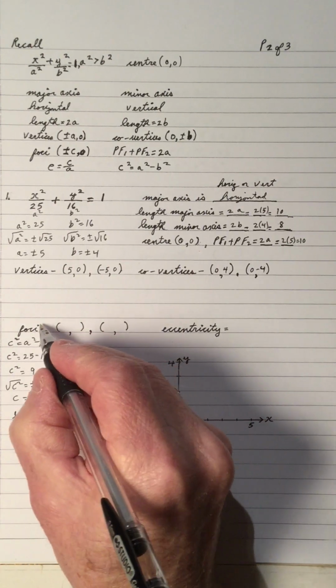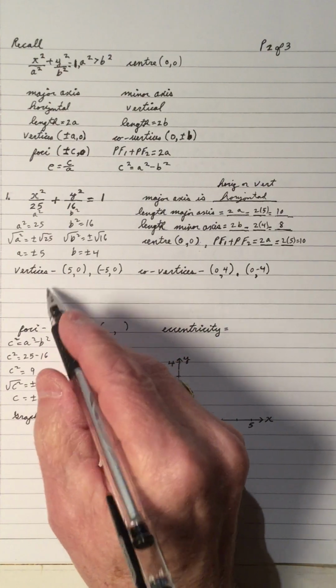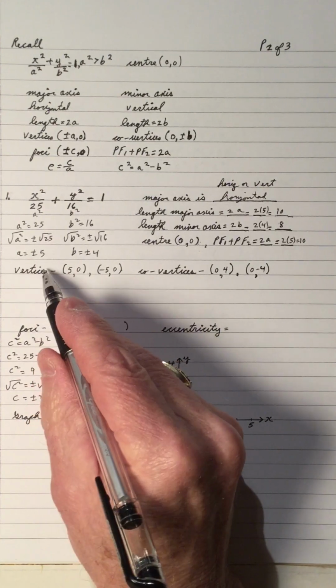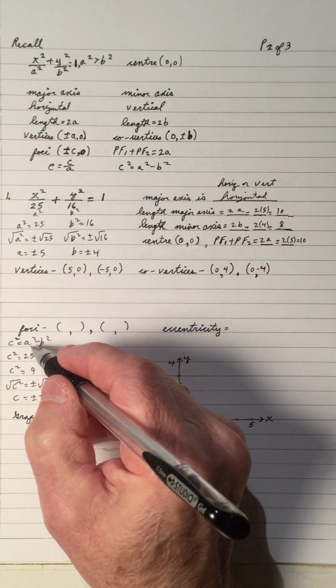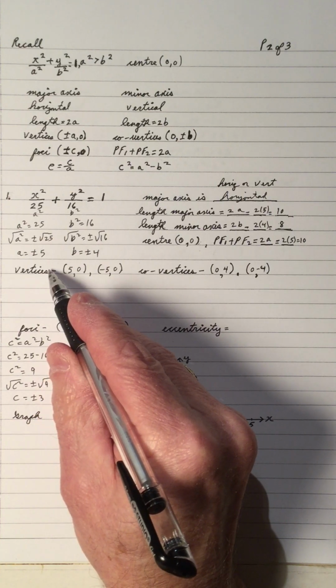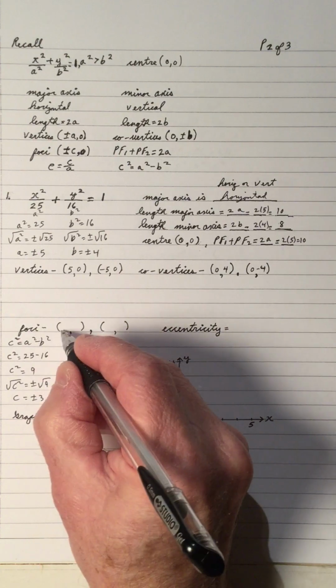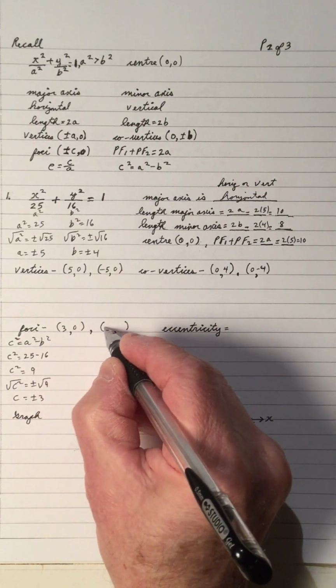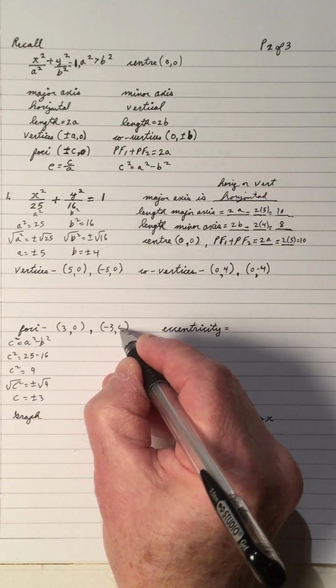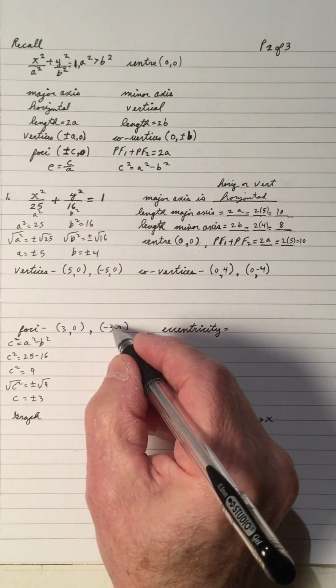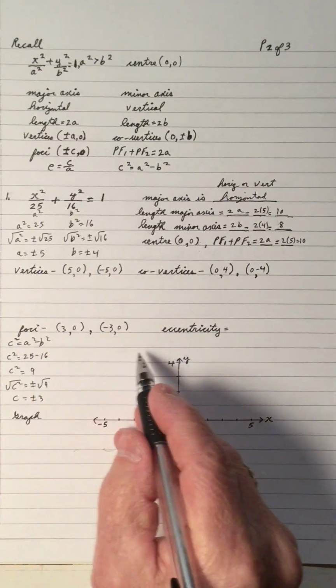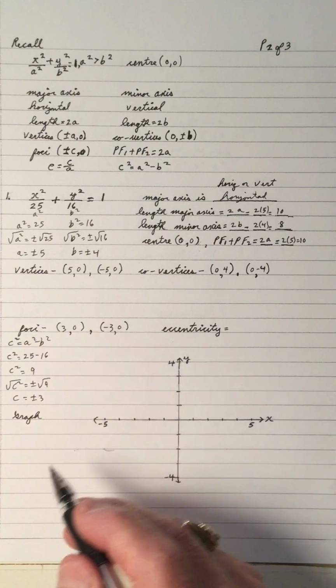So because the vertices and the foci are on the same axis, which is the horizontal axis, they must be (3, 0) or (-3, 0), because the horizontal axis has x's 3 and -3.